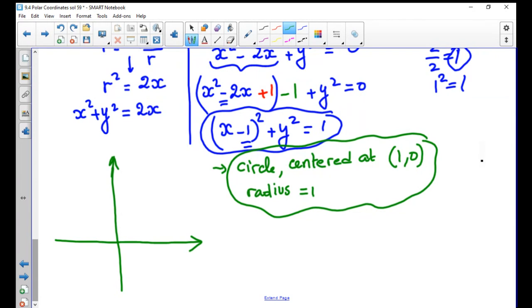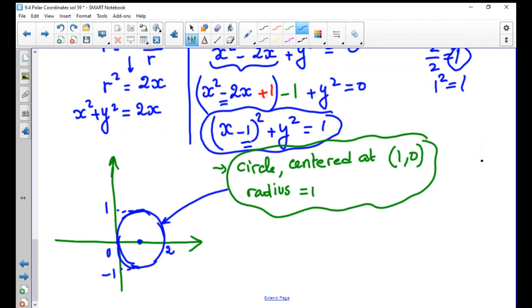So the center is at 1, 0, which is here. And the radius is 1, so it goes exactly through 0, 0. Like this. So this is 2, this is 0, this will be 1, this will be minus 1. And we get this circle.